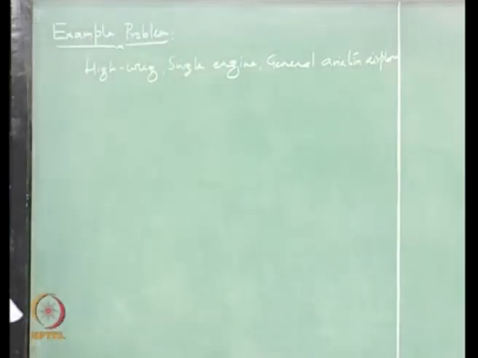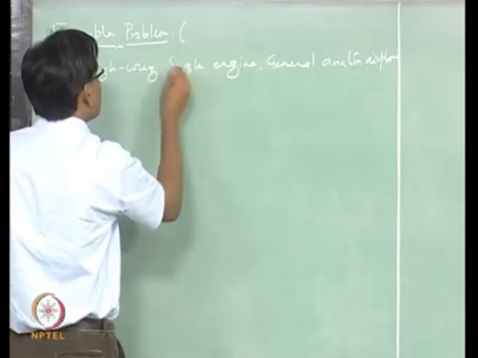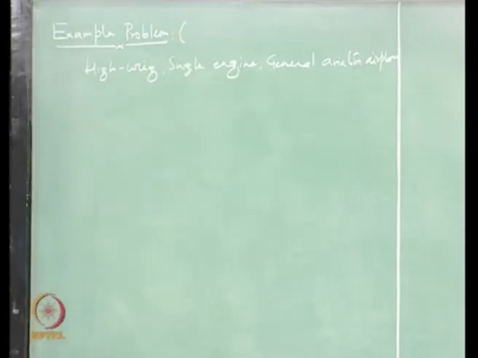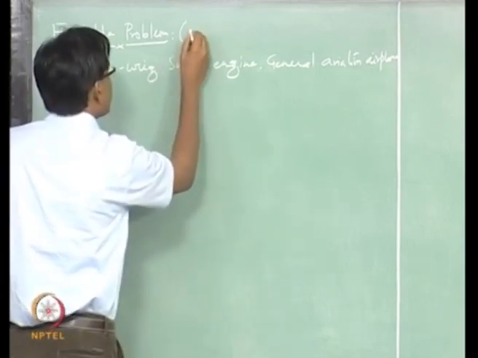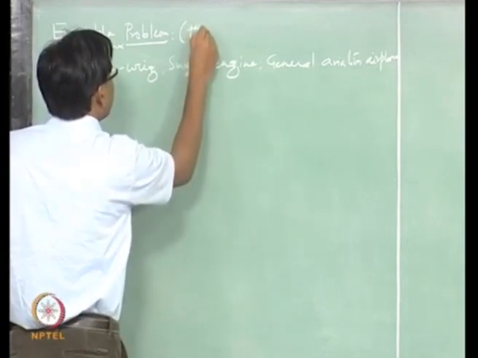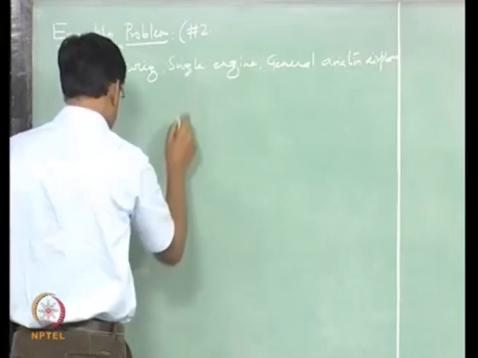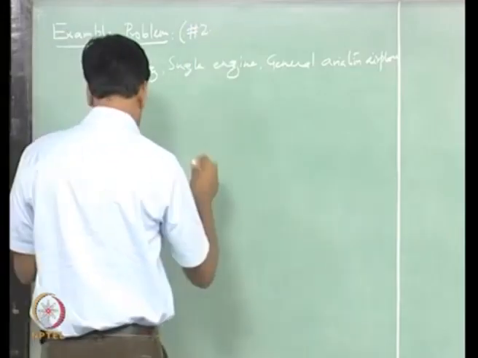And this example we have taken from the book by R.C. Nelson, okay. So, the number I think is 2.1.